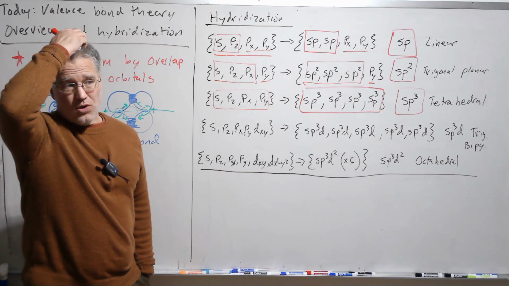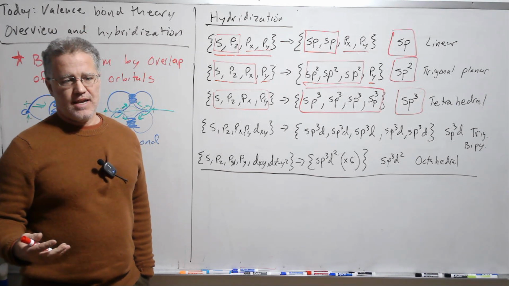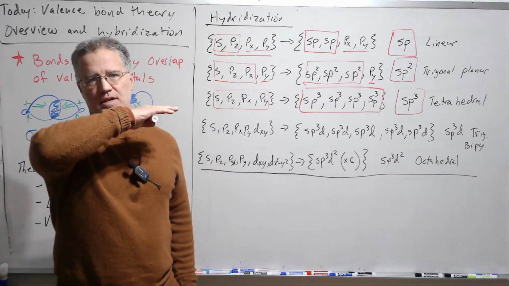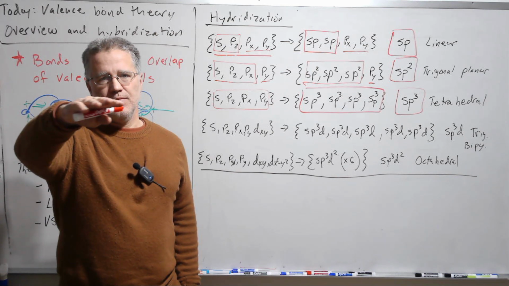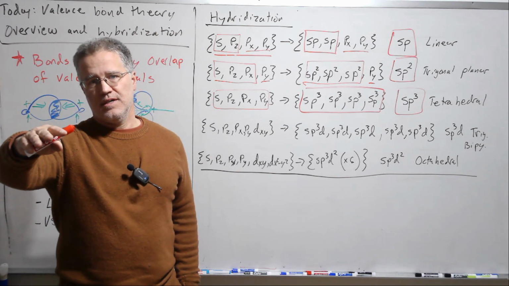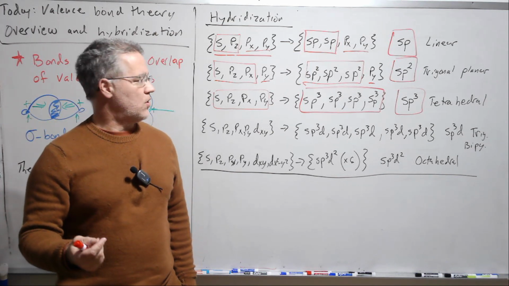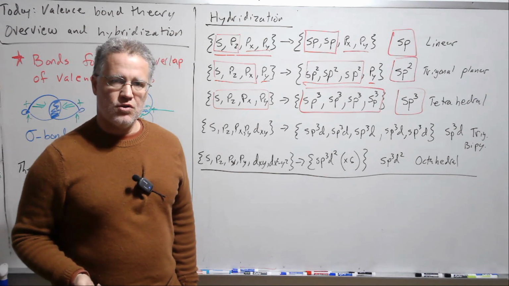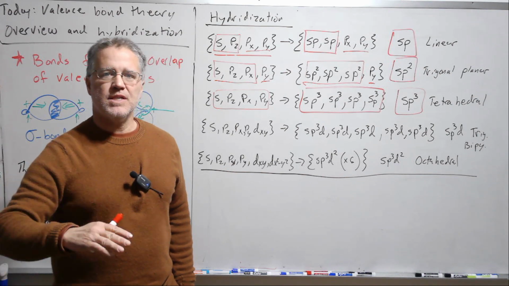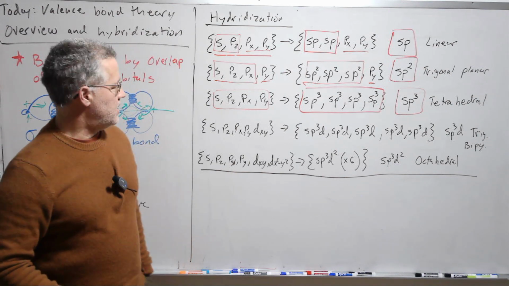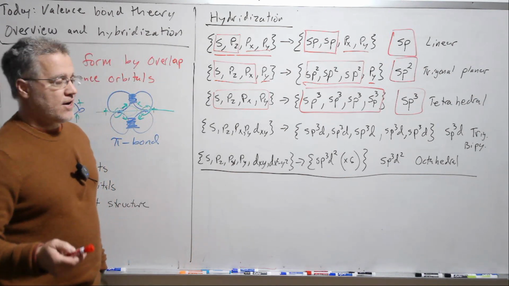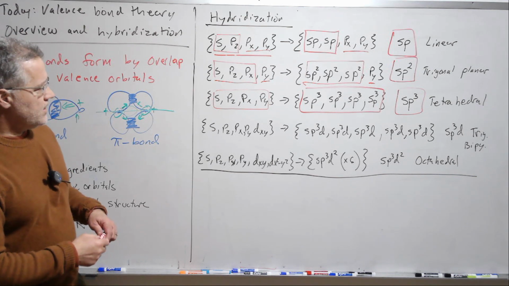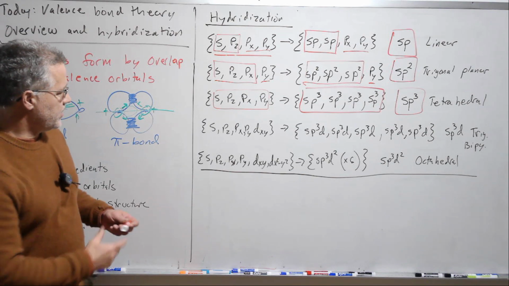And so right off the bat, we know that any molecule that has as a central atom an element from the second row doesn't have any d's. So it wouldn't be involved in a trigonal bipyramidal or octahedral. We'd have to get down into n equals 3 or higher to get 3d's starting to come in.